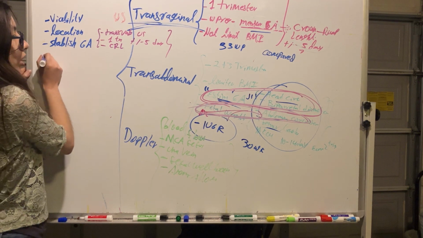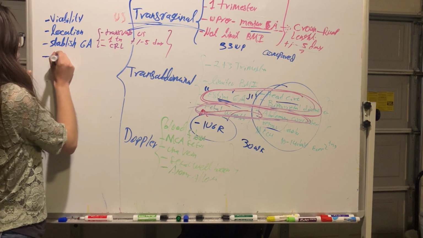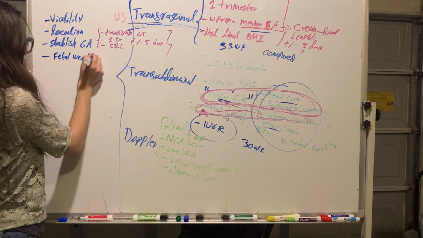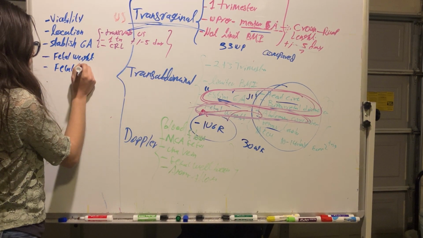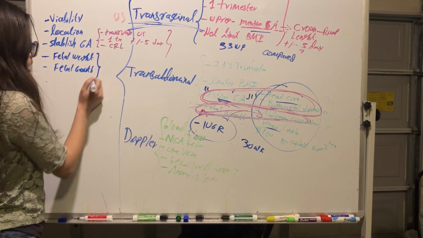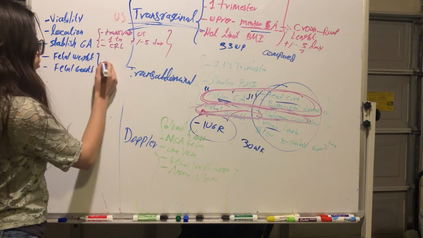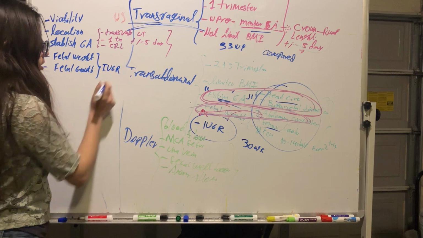We also do ultrasound to evaluate for fetal weight during pregnancy and fetal growth, which both of these, fetal weight and fetal growth abnormalities, guide us to evaluation of intrauterine growth restriction.